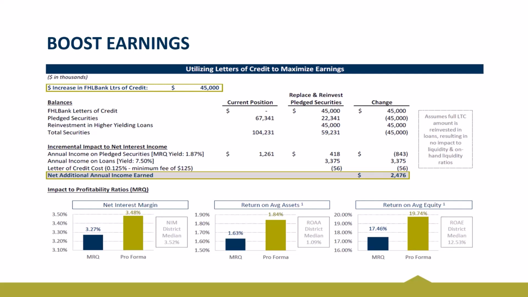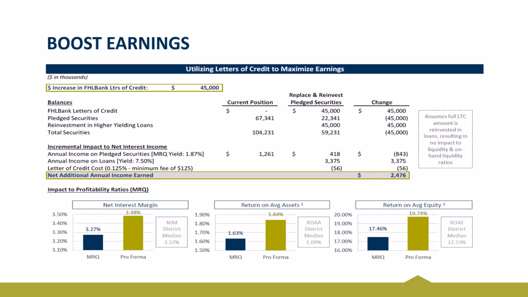But in this example, you can see that it boosted net interest income just a touch. This example is a bigger institution, but we got another 20 basis points pickup on ROA, and on ROE we saw a little over a 2% pickup, just by using $45 million in letters of credit.